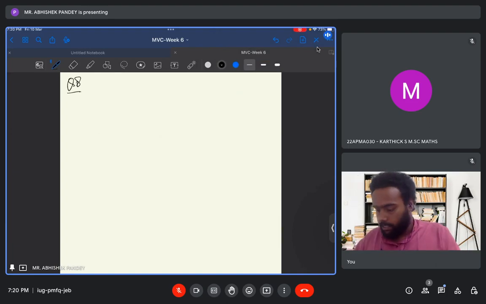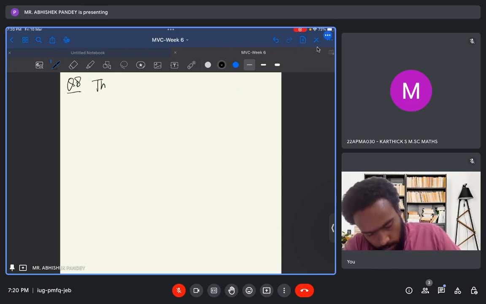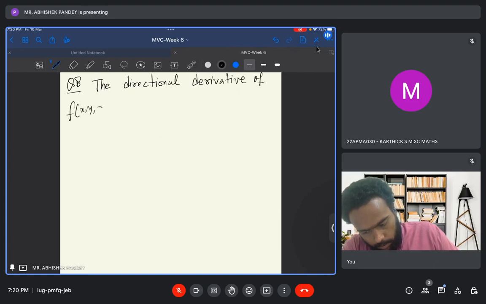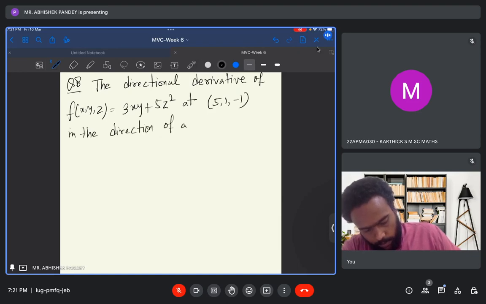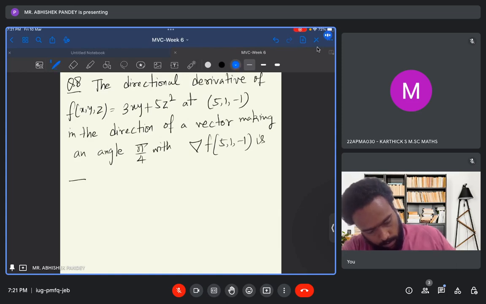We need to find the directional derivative of f of x y z equals 3xy plus 5z square at the point 5, 1, minus 1, in the direction of a vector making an angle pi by 4 with the gradient of f at 5, 1, minus 1. So this we need to calculate.